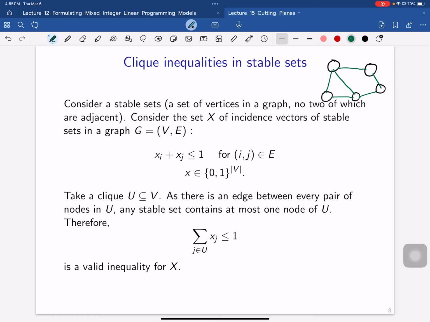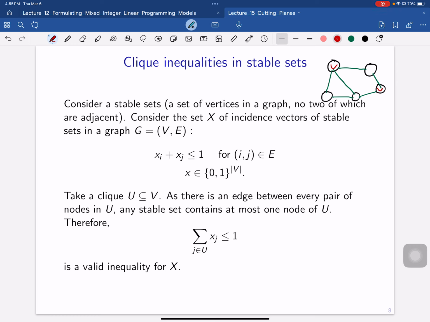So a stable set is a subset of the nodes. Let's pick a subset of the nodes, maybe this particular node and this particular node here, right? So these 2 nodes are a subset of the 5 nodes, and I call these 2 nodes a stable set of the graph because these 2 nodes are not connected. There doesn't exist any edge that connects these 2 nodes, right? And actually, if you want to pick many nodes, there shouldn't be any edges connecting any 2 of the nodes. And that's called a stable set.